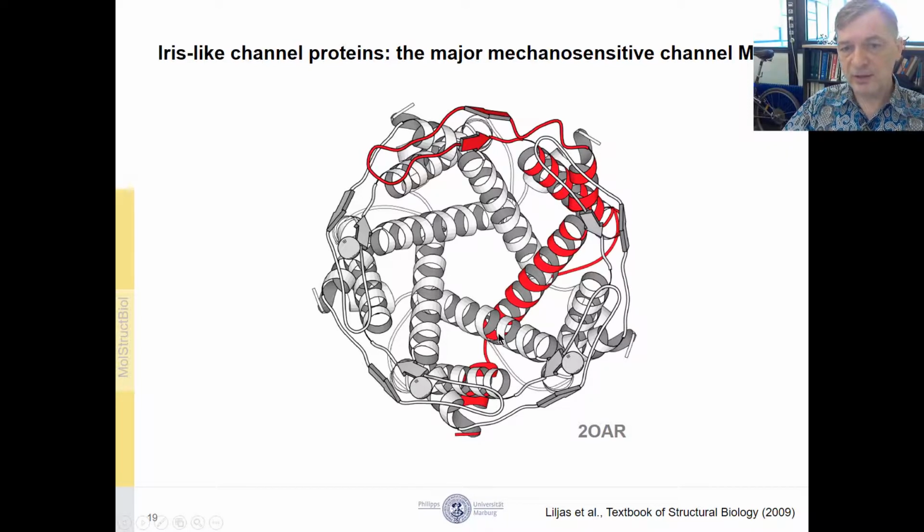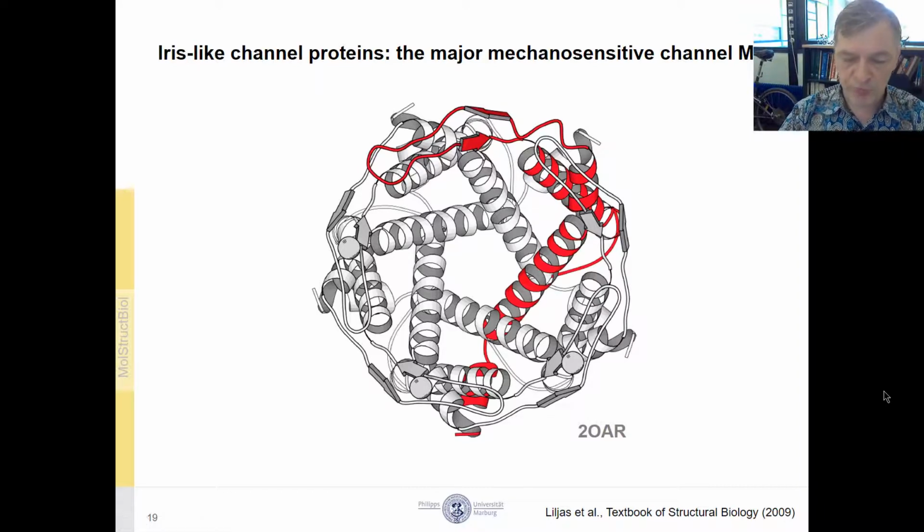And this inner helix forms, with the other helices from the 4 other monomers, this iris-like constriction. That's the view that we have now from the top of the membrane. The membrane would now surround this mechanosensitive channel.